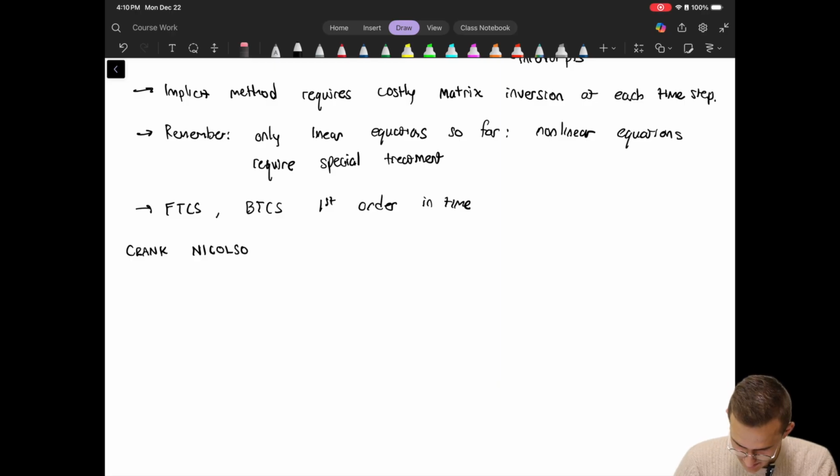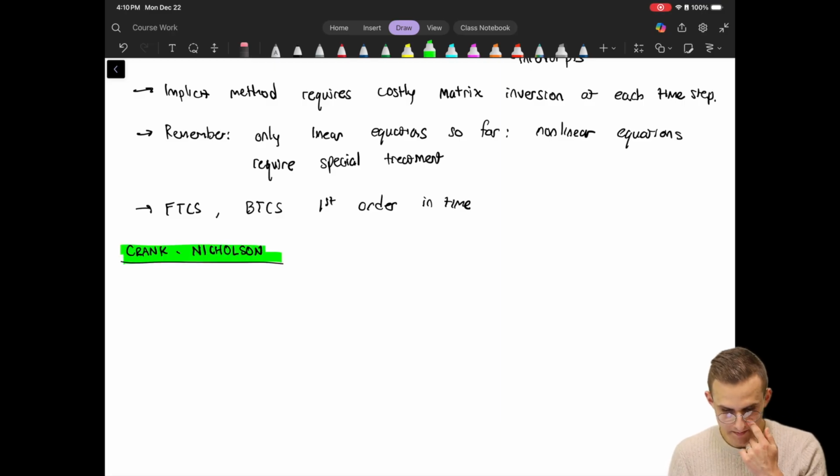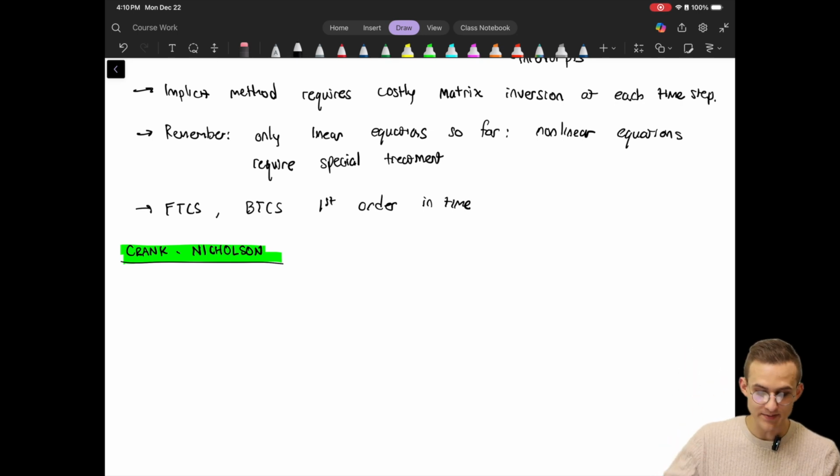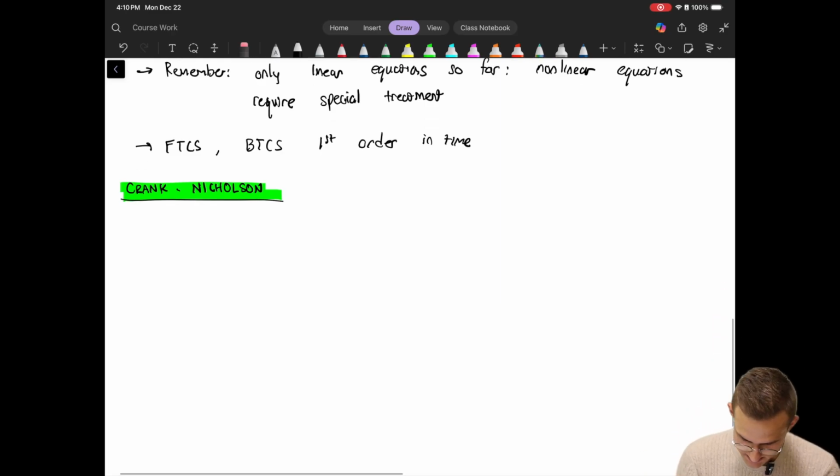I can't remember how it's spelled. Okay, so this method actually still uses center difference approximations in space, but it uses the trapezoidal method in time, sometimes called the leapfrog method, I believe.